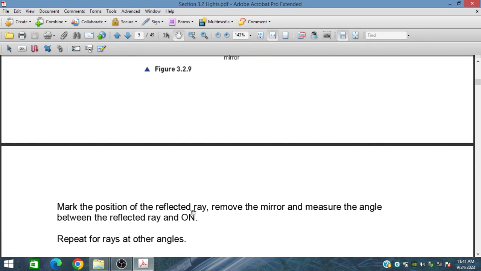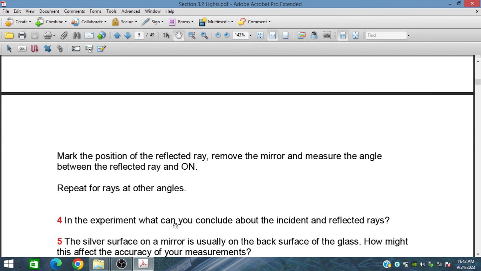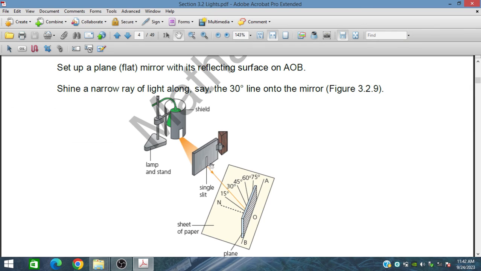Mark the position of the reflected ray, remove the mirror, and measure the angle between the reflected ray and ON, which is the normal. Repeat for other angles. So we will move the slit to different angles: 45 degrees, 60 degrees, 75 degrees, and we will observe the reflected rays.